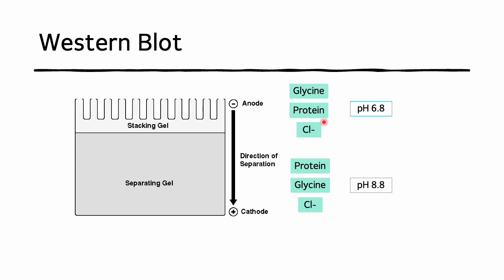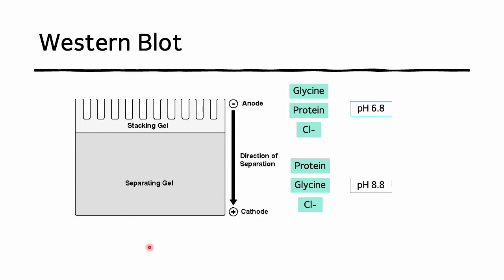It's like a sandwich, and with the charge on proteins, it's going to be squeezed between glycine and Cl minus. It has this height, but it's going to be squeezed, and after they pass the stacking gel, it's going to be lined up like this in a linear shape.